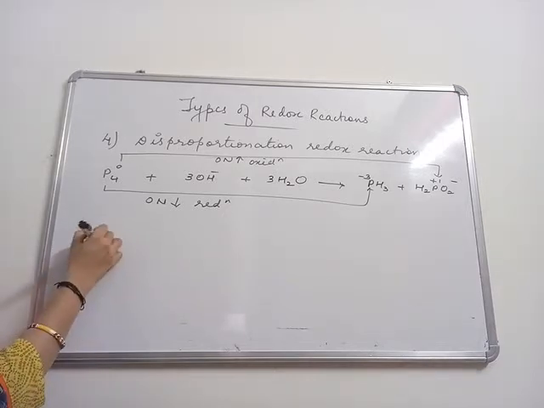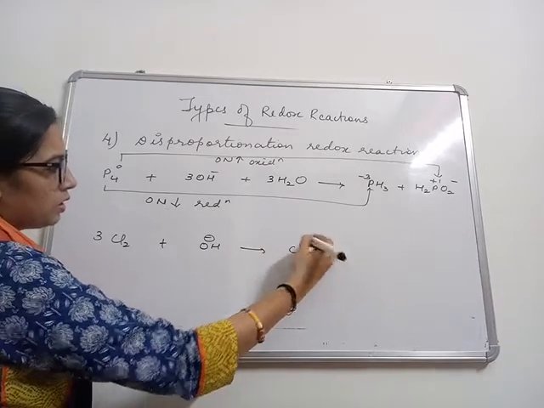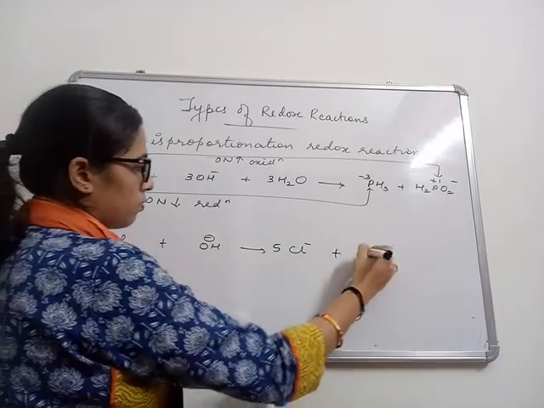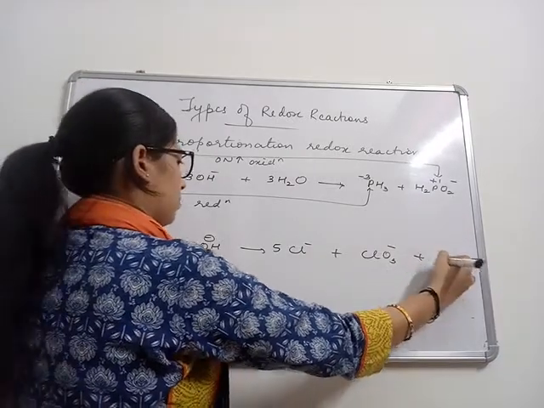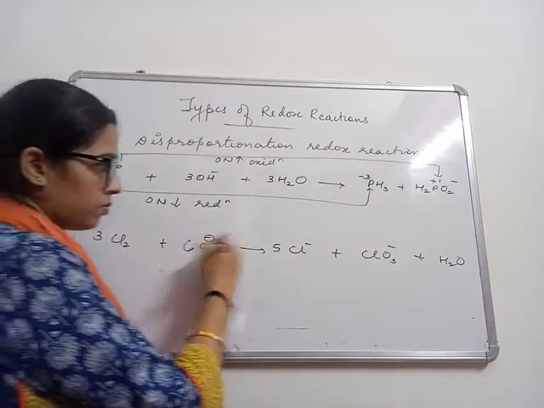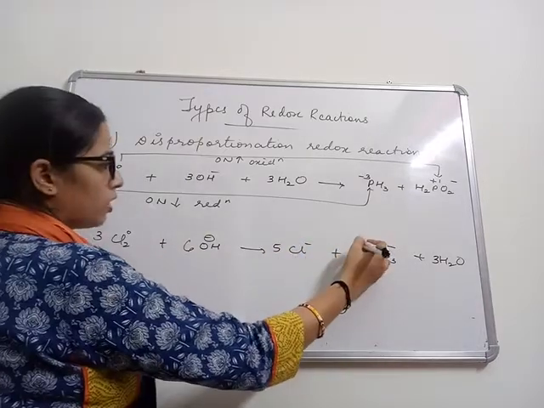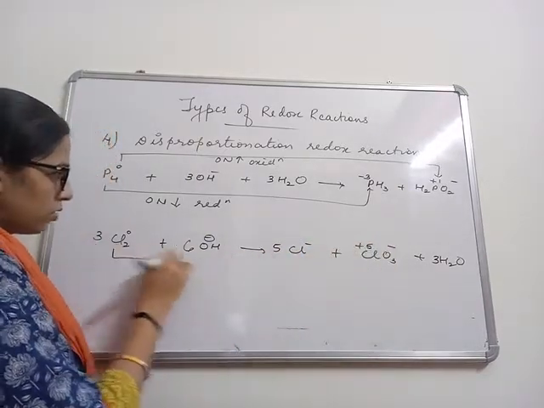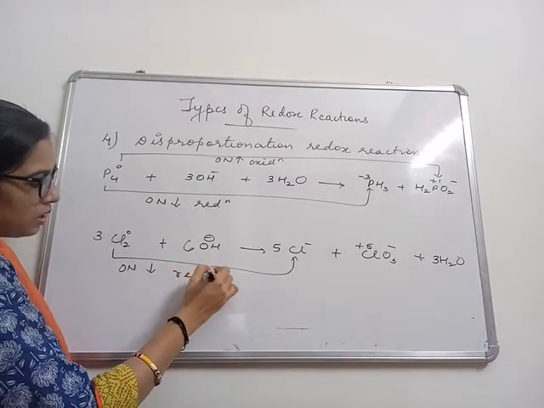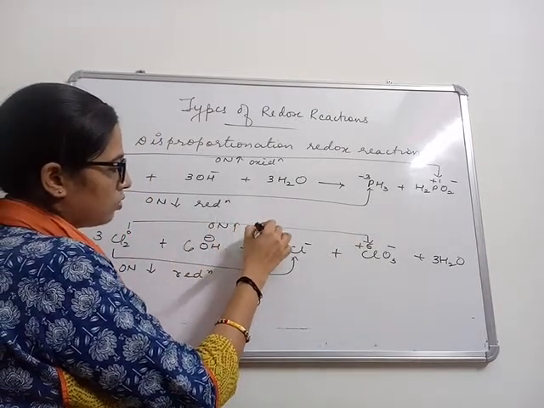Another example is chlorine. When it is in basic medium, it turns to chloride and chlorate. So here chlorine is in 0 state, -1, and here chlorine is +5. From 0 to -1 the oxidation number is reduced, it undergoes reduction. 0 to +5, the oxidation number is increased, it undergoes oxidation.